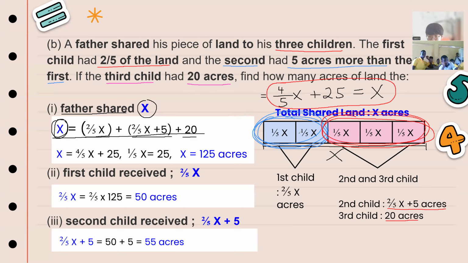We can subtract 4 over 5x on both sides, so we can get rid of this. Minus 4 over 5x, this is 0.